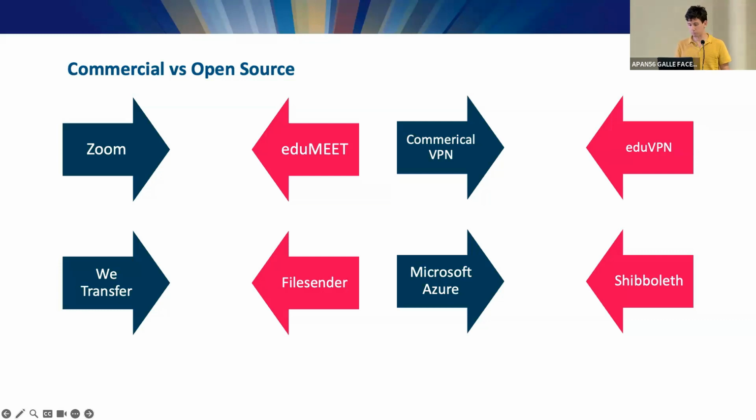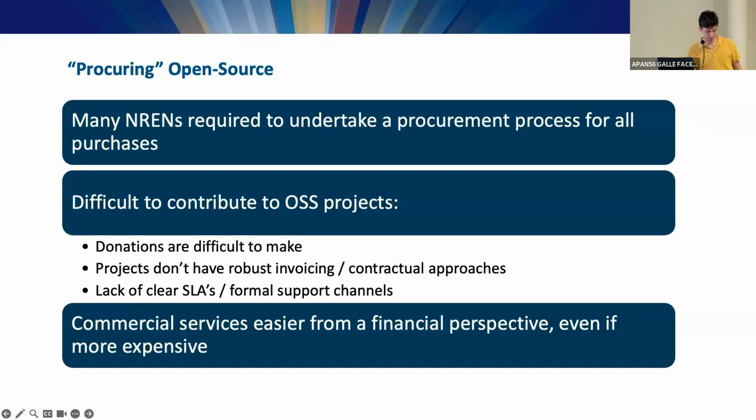But eduGAIN is predominantly run on Shibboleth. So I'm not saying that using commercial software is wrong. Absolutely not. But there are good alternatives that are open source. I think the next slide is yours.